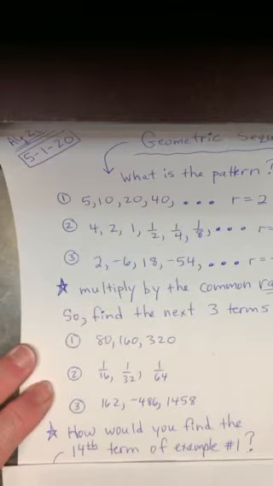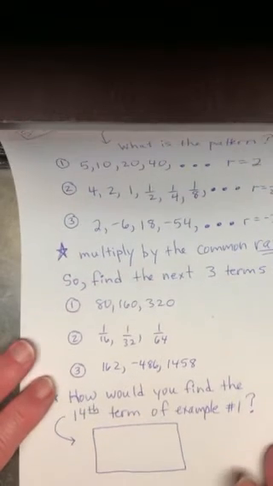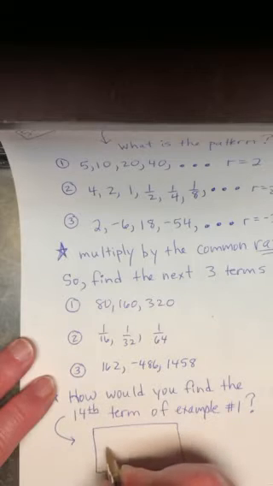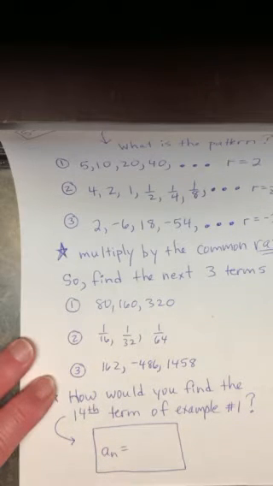So put an arrow down from that question. And in this big box, we're going to write down a really important formula. A sub n equals, that means the nth term of any geometric sequence is found by the following formula.